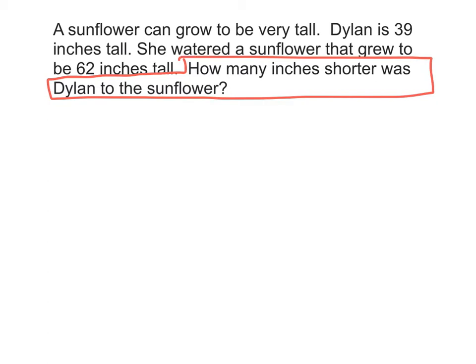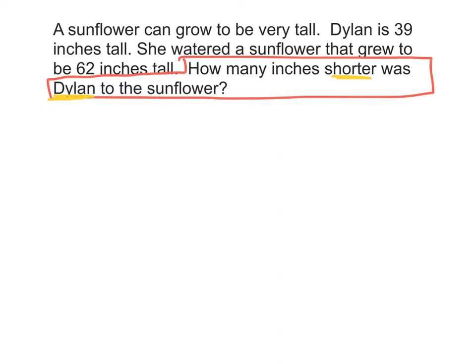The question reads, how many inches shorter was Dylan to the sunflower? So now we know that Dylan is shorter than the sunflower. And we want to find out how much shorter. So how many inches? So let's go ahead and go back to our word problem and reread it so we can figure out what clues we can use to help us.